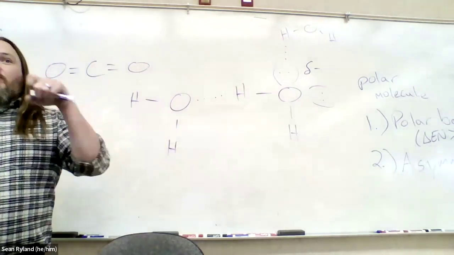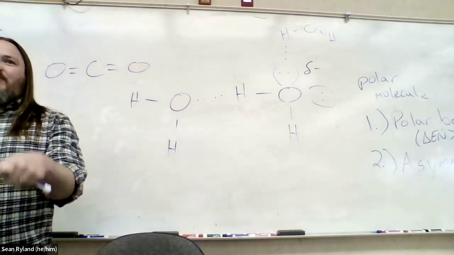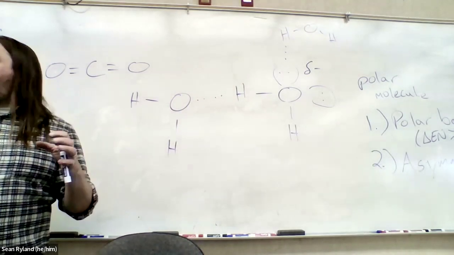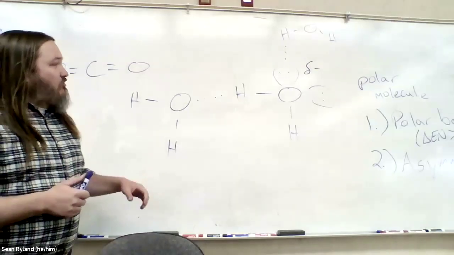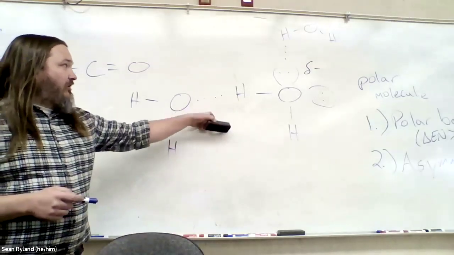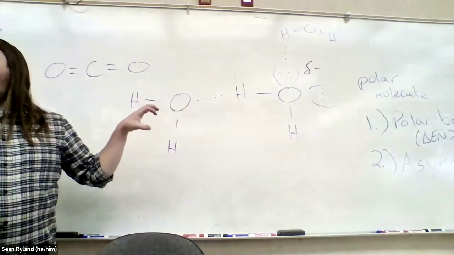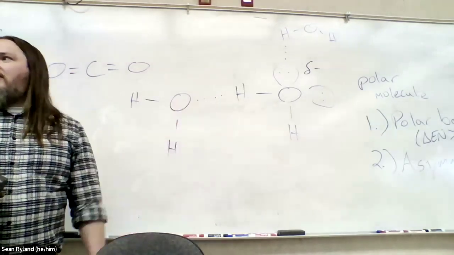So to go back to the original question that DM asked about what's really happening when we try to dissolve these things, if you put an ionic compound in water, basically what you're doing is you're pulling apart the water molecules and you're sticking one of your ions in the middle.